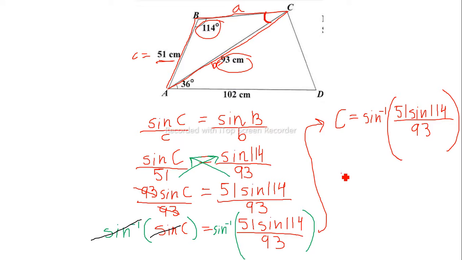Now C is equal to sine inverse of, and we have to figure out what's happening on the inside. What is 51 times sine 114 divided by 93? So let's use a calculator.